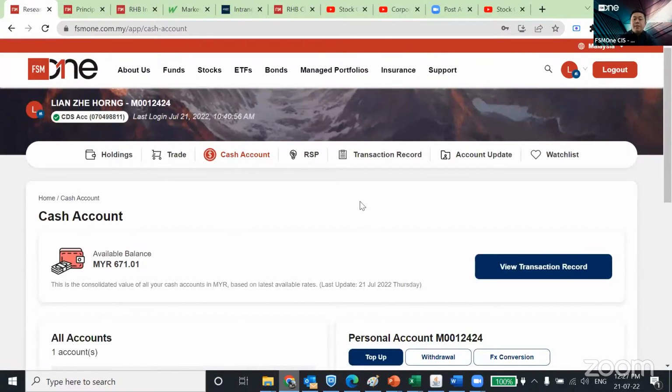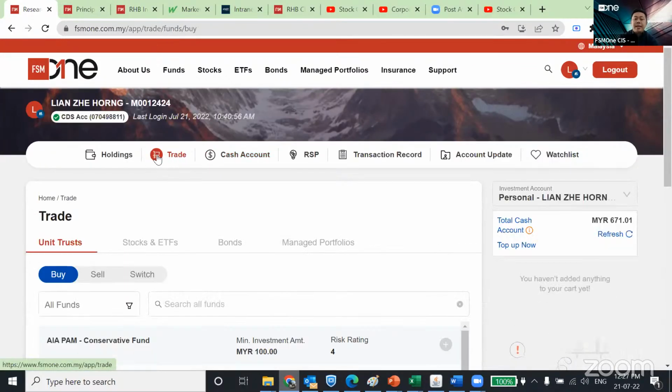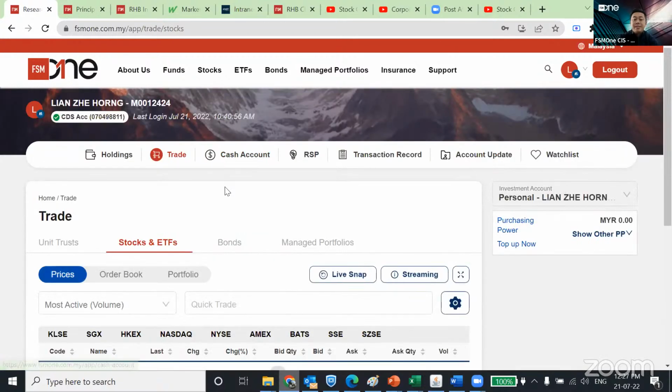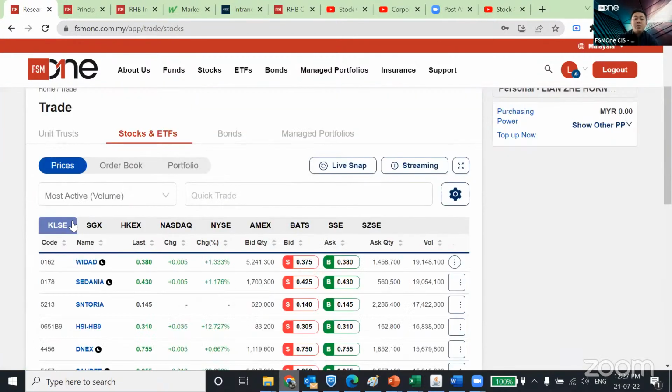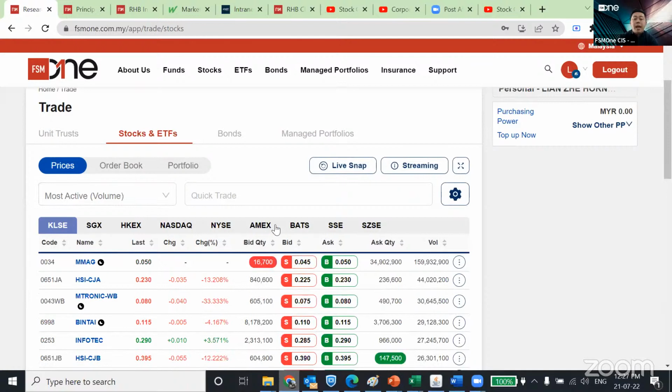For trading, what you need to do is go to trade, and select stock and ETF. Then you will be able to see all the exchanges listed here. This is what I mentioned just now in my presentation, why you need to open a CDS account in order to access the trading platform, because the trading platform is combined with all the exchanges together.